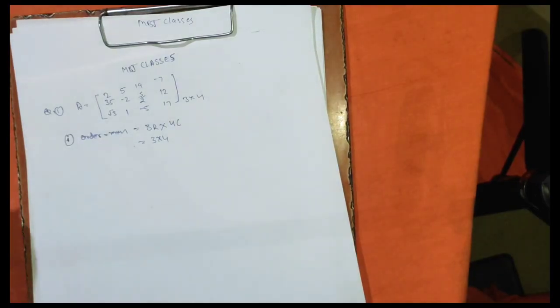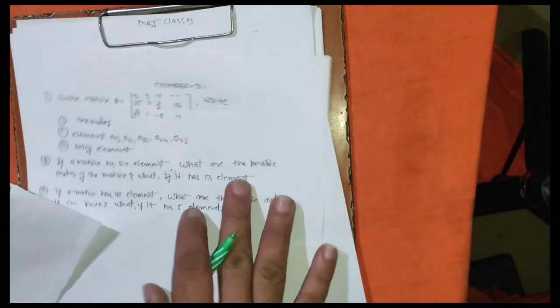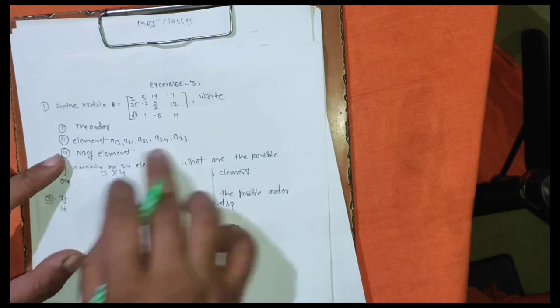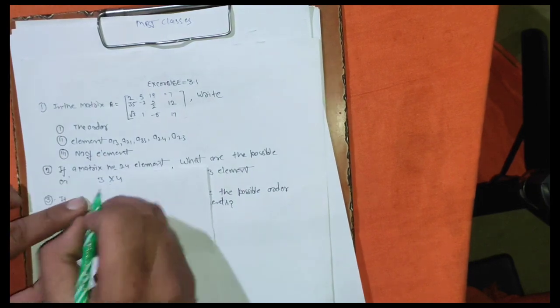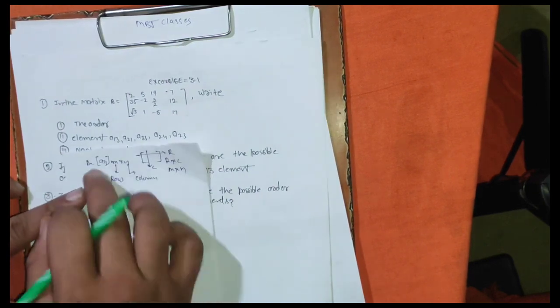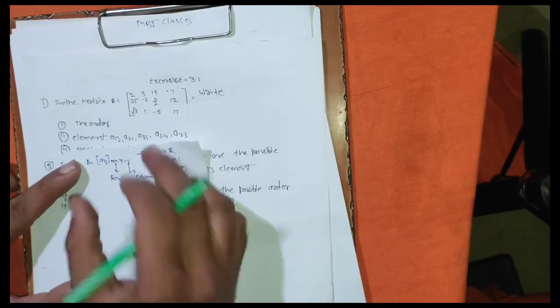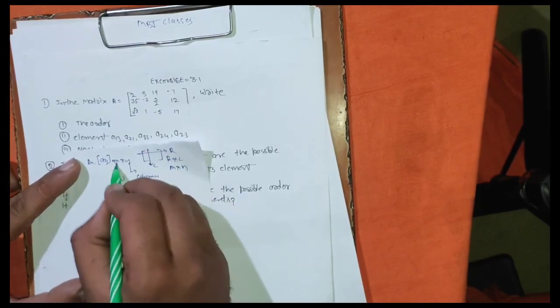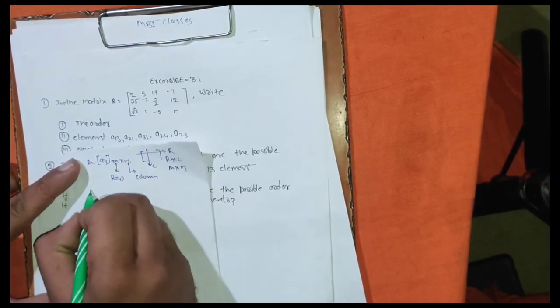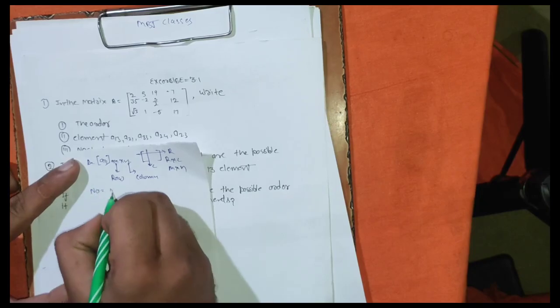The second part asks for the number of elements. If I have a matrix which has m rows and n columns, the total number of elements is m n.